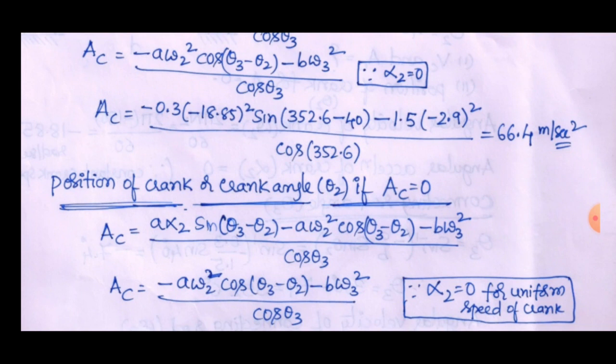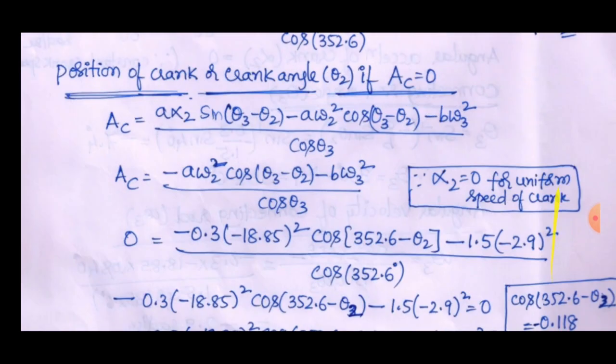Now take down the acceleration of the slider formula. I write down, here I have written the acceleration of the slider formula. Now alpha 2 is 0. Therefore, my acceleration formula is minus a omega 2 square into cos of theta 3 minus theta 2 minus b omega 3 square by cos theta 3.